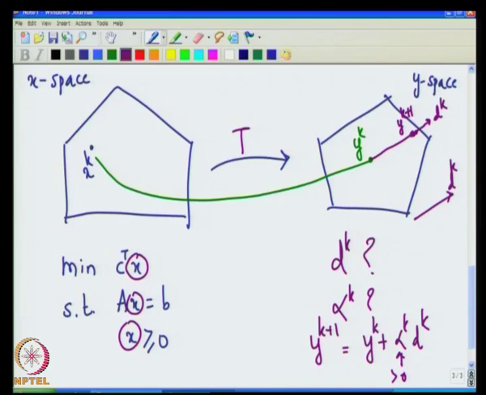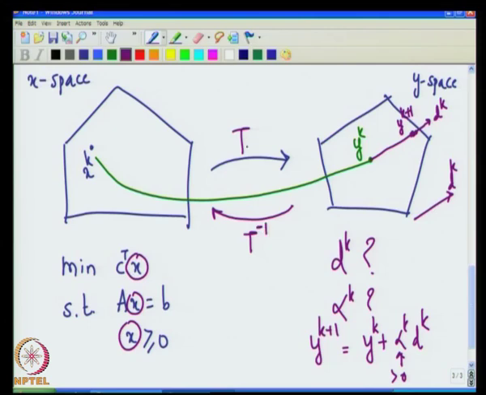Now, having reached a point which is close to the boundary, we need to see what is the corresponding point in the x space. To find the corresponding point, we need a map which is from the y space to the x space. Let us call that map T inverse.